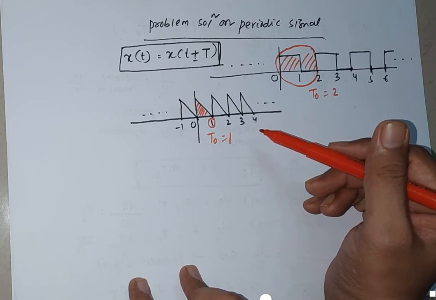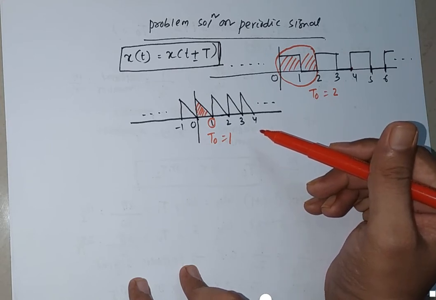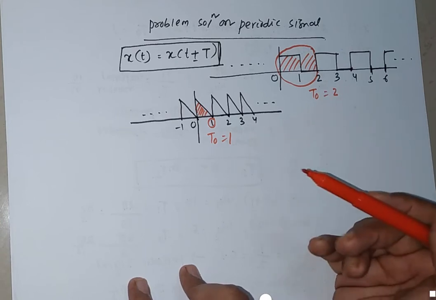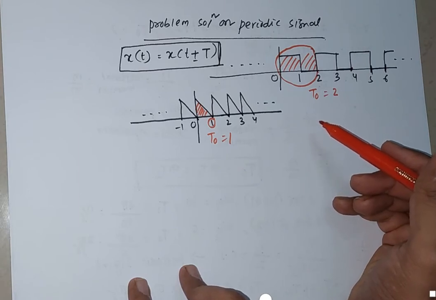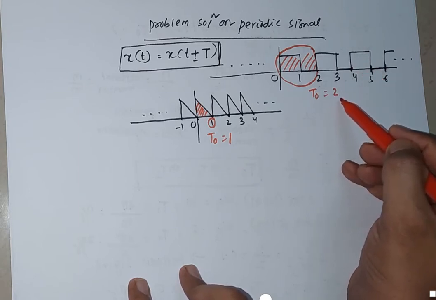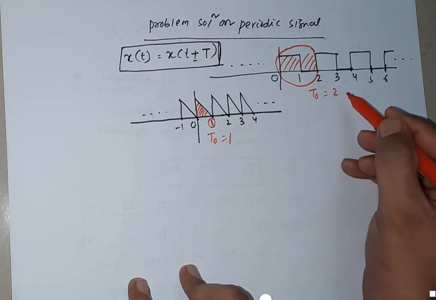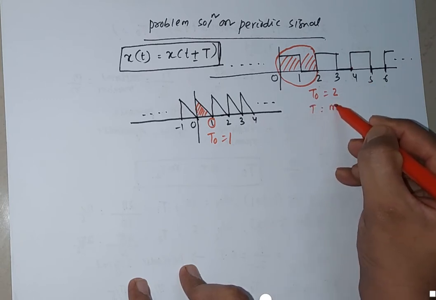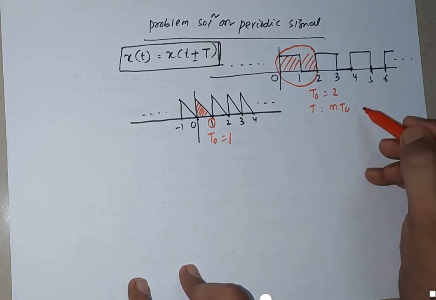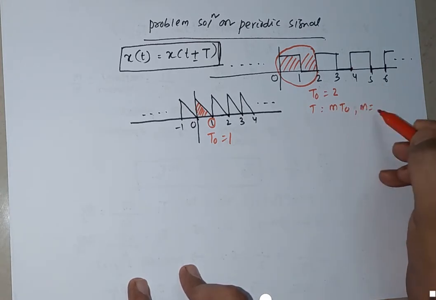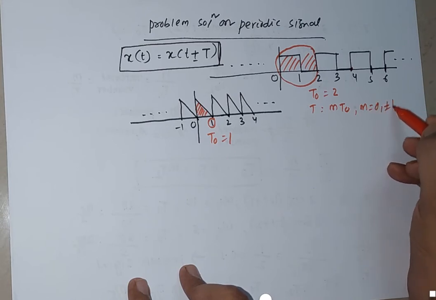This is the definition of a periodic signal. A signal is said to be periodic if it repeats after a certain interval of time, and the smallest period for which the signal repeats is known as the fundamental period. Here the smallest period is 2, so that's why 2 is the fundamental period. And what is the period of a signal? The period of the signal is a multiple of the fundamental period, meaning m multiplied by T0, where m is 0, ±1, ±2, like this.